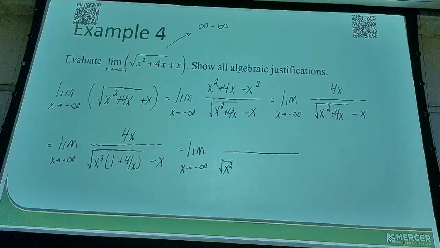Right? Square root of x squared times the square root of 1 plus 4 over x. What's the square root of x squared? What is it? X over 1. Absolute value. It's the absolute value of x, because x could be either positive or negative. When you square it, it becomes positive.